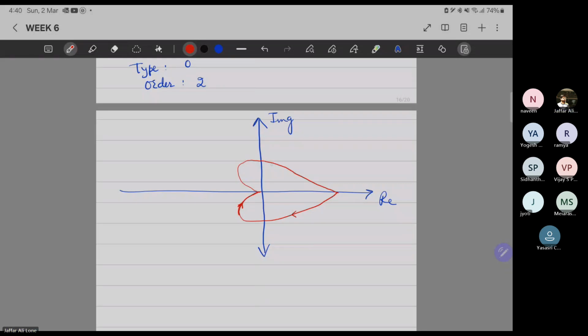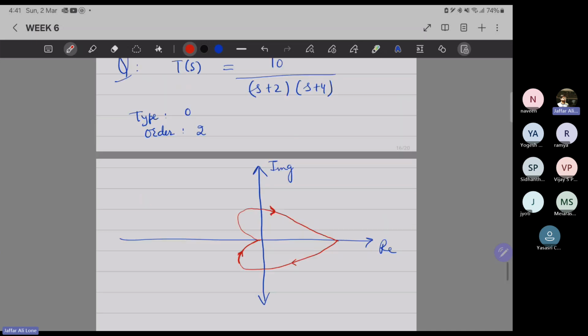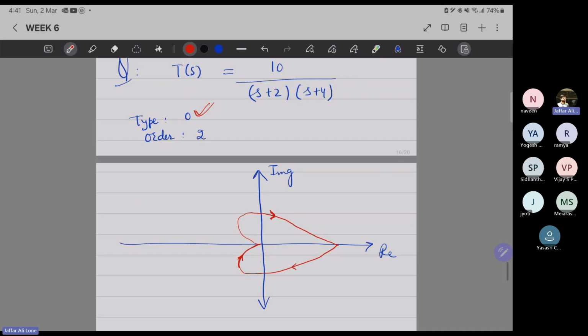So we drew the polar plot and inverse polar plot of this system. Now we have to draw one infinite semicircle, but the system is of type 0, so there will be no infinite semicircle in this plot. So this is my Nyquist plot.